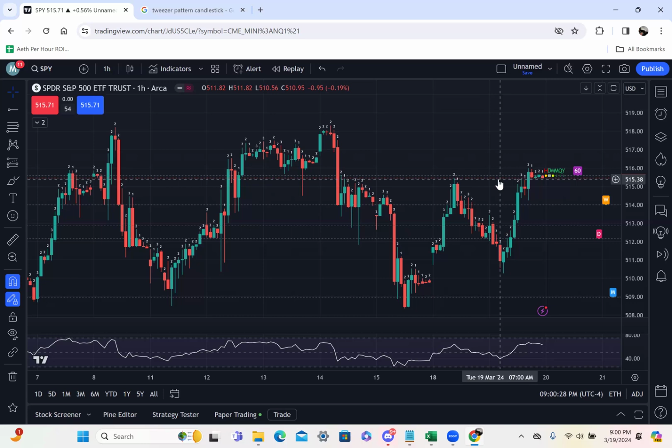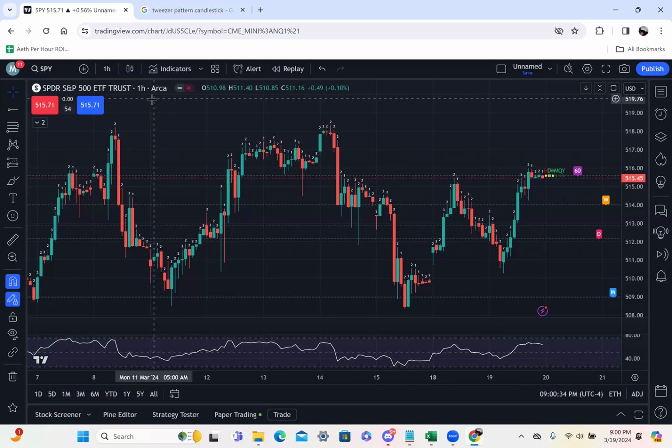I try to see how the 1 hour is acting because I'm gonna hold, for me swing trading is probably 2 or 3 days, depending on how I feel it's gonna act. So I choose those 1 hour, 4 hour, daily, and weekly. Those are the swing trading time frames that I look at and see how they're forming.